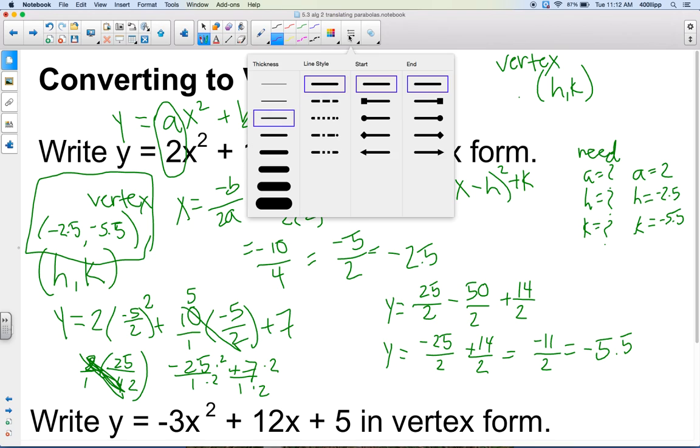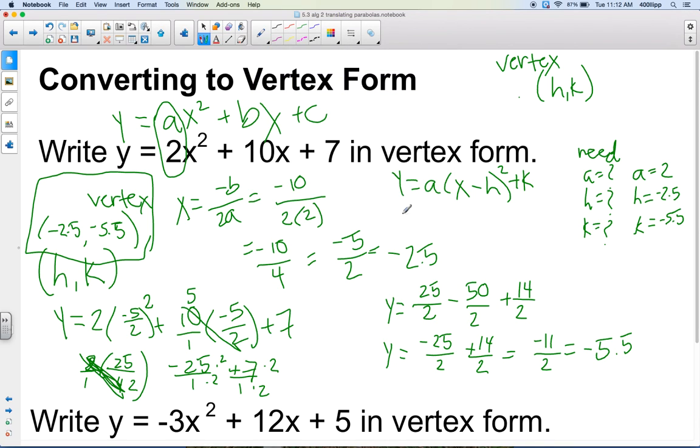So we get y is equal to a is 2 times x minus a negative 2.5, which is x plus 2.5, squared, minus 5.5. And this is converting it from standard form to vertex form. You could try the next one on your own for extra practice.